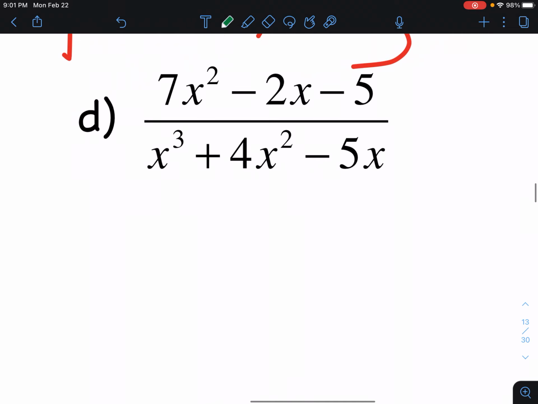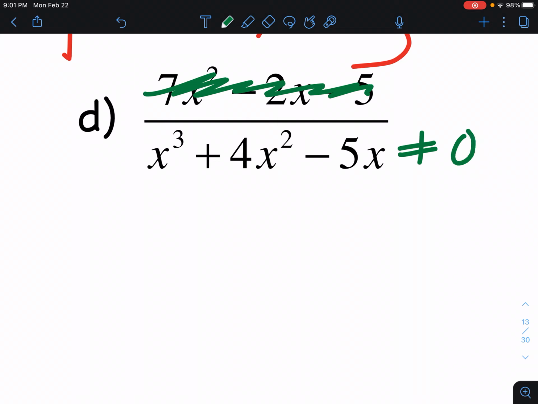Okay, let's take a look at D. Set that denominator not equal to 0. For this guy, it is a trinomial, but we don't want to use the quadratic formula here because we actually need to GCF first. Notice it's not our normal trinomial that starts with x squared. This guy actually starts with x to the third, and all of the terms have x in them.